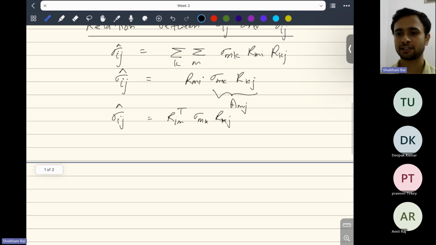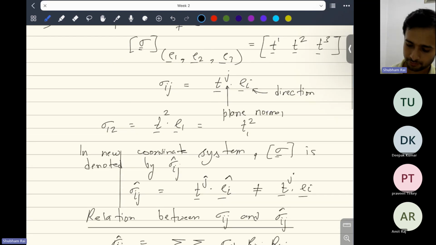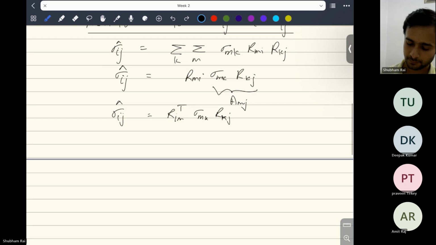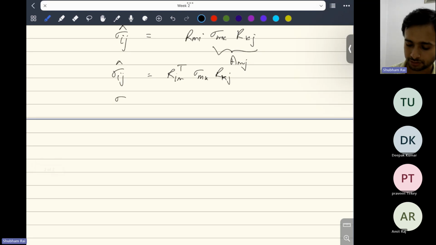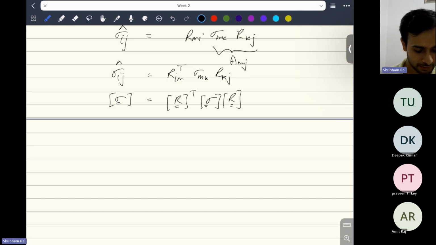If I write it in terms of matrix notation, that will be sigma hat equals R transpose sigma R, where R is the rotation matrix or rotation tensor. And these three are in the E1, E2, E3 coordinate system.